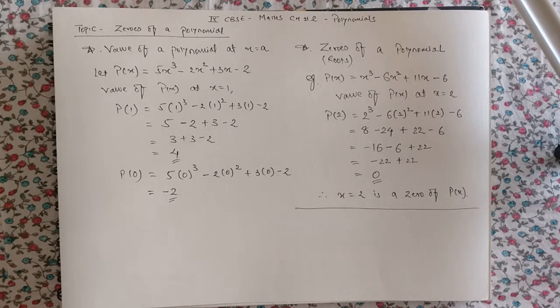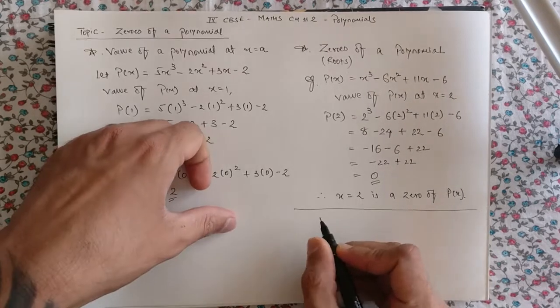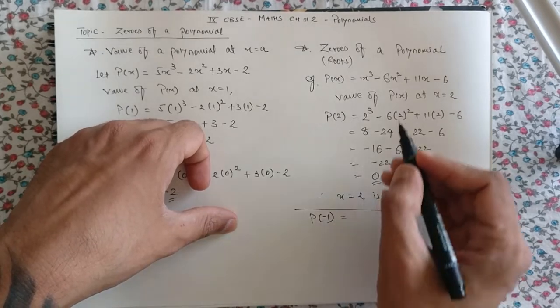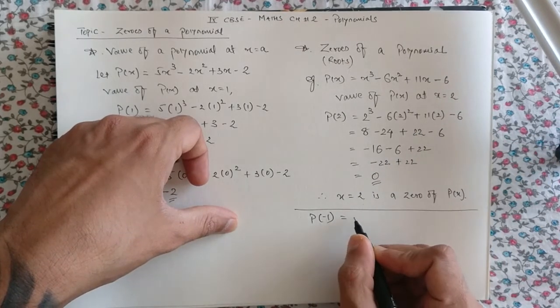Let's check whether one more number is a zero of this polynomial or not. I am just taking random numbers, not any predetermined zeros. So let's check for -1. Wherever there is x, we'll put -1.